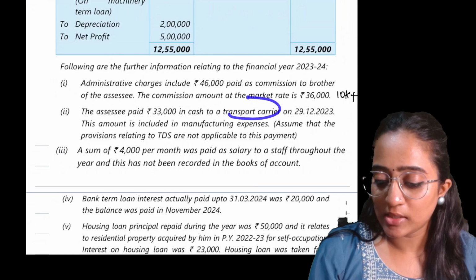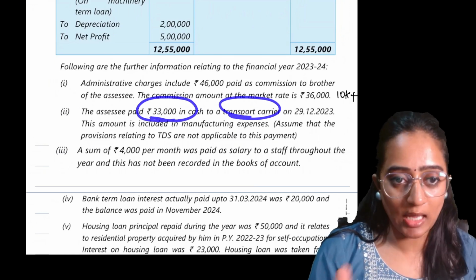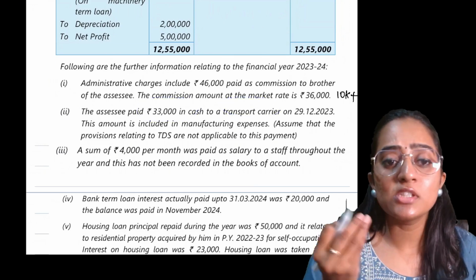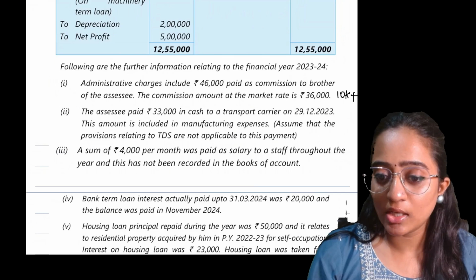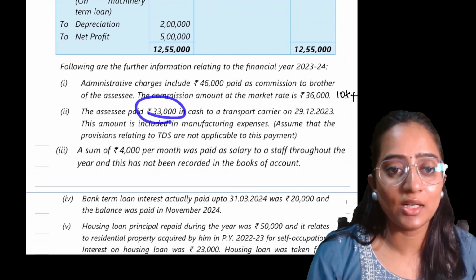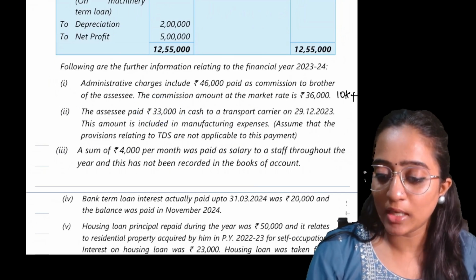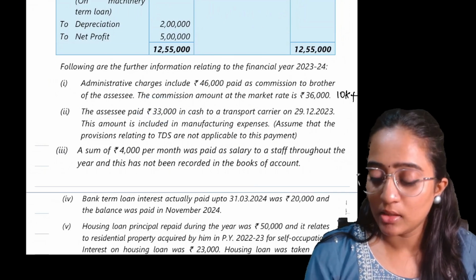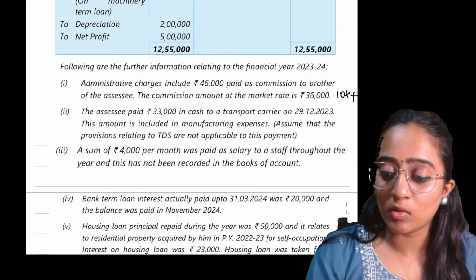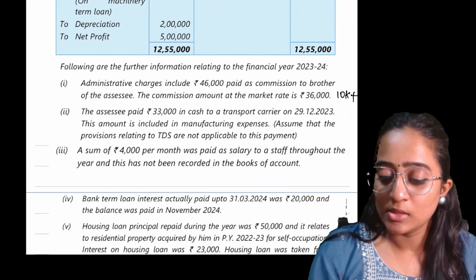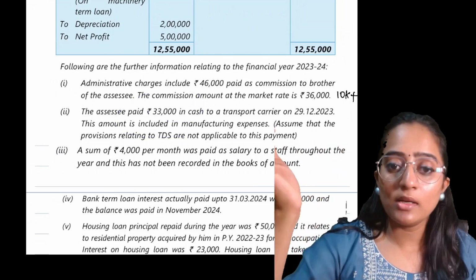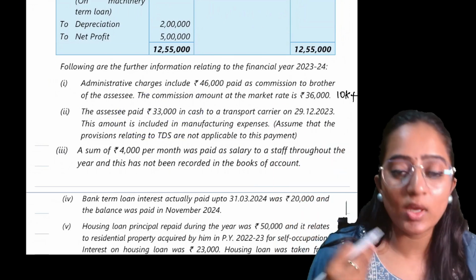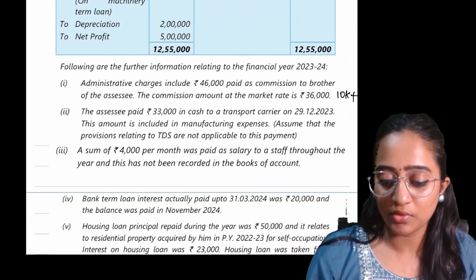Here the amount paid is 33,000, not above 35,000, so this entire 33,000 will be allowed as a deduction, as per P&L and as per income tax. Will you give any further effect? No, you will not give any further effect.